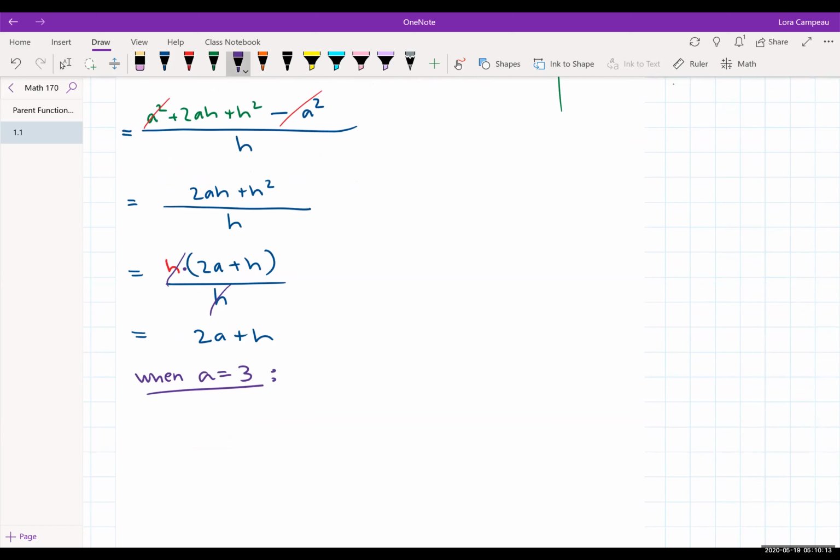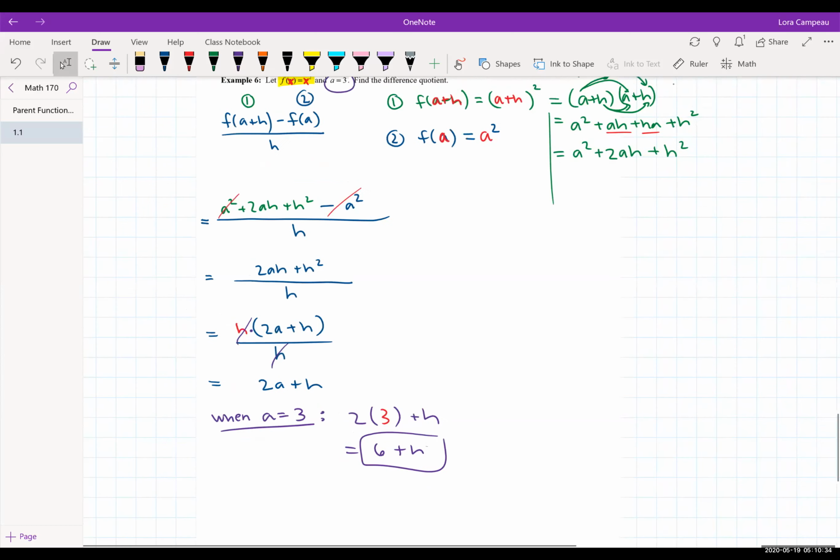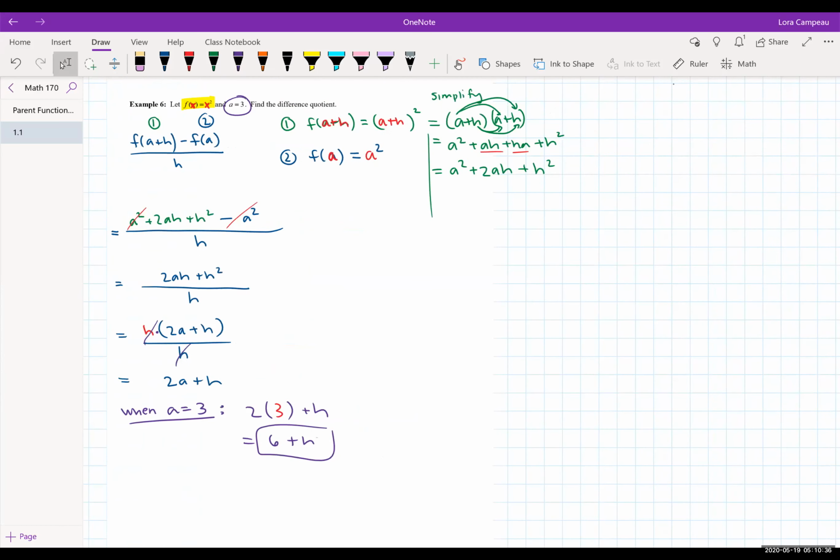That just means I'll plug in 3 for a. Two times 3 plus h ends up getting 6 plus h. And that is the difference quotient for that particular example, f of x equals x squared when a equals 3.